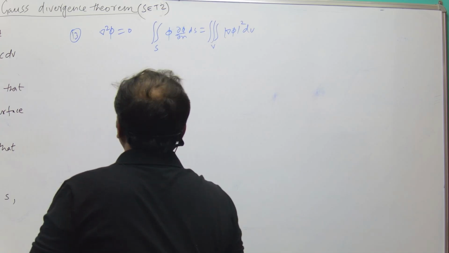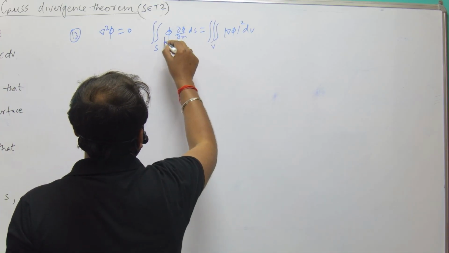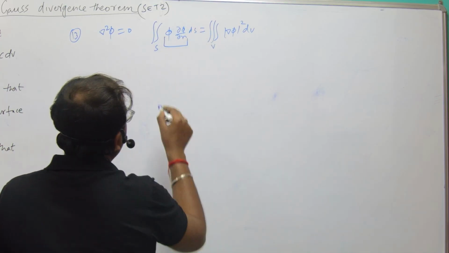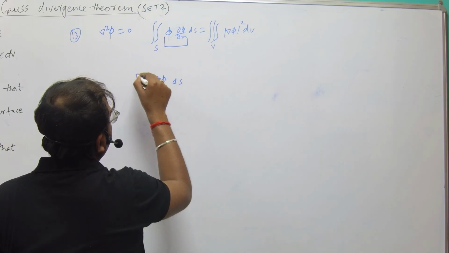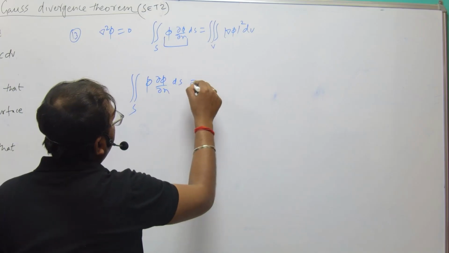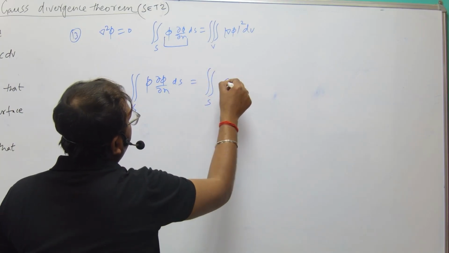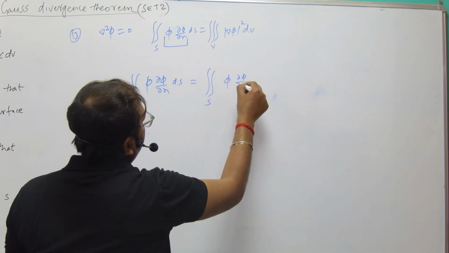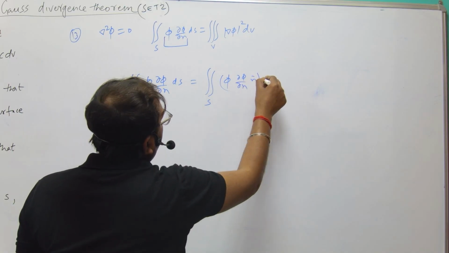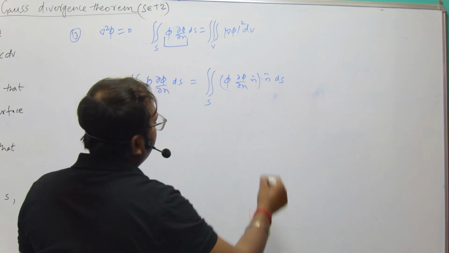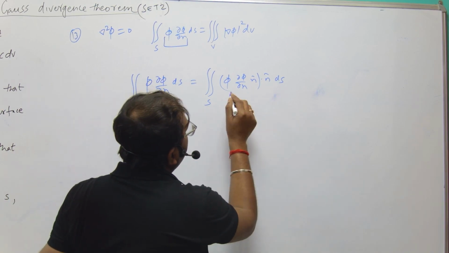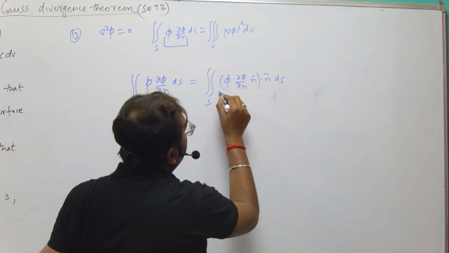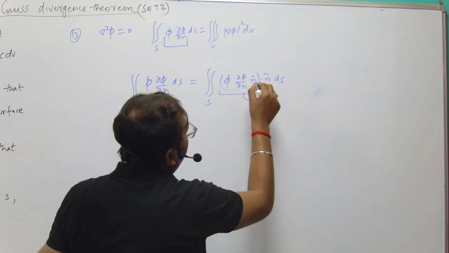Let us simplify this expression. We can write this as the surface integral of phi del phi upon del n into ds. This we can write as the surface integral of phi times del phi upon del n n cap dot n cap into ds, because the dot product of unit vectors is unity. On comparing this with the Gauss divergence theorem, let us take this as f dot n cap ds.